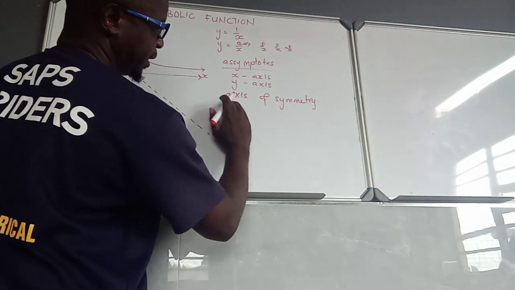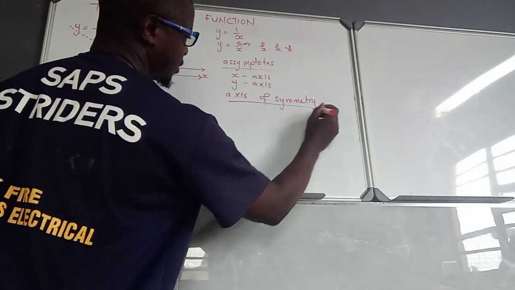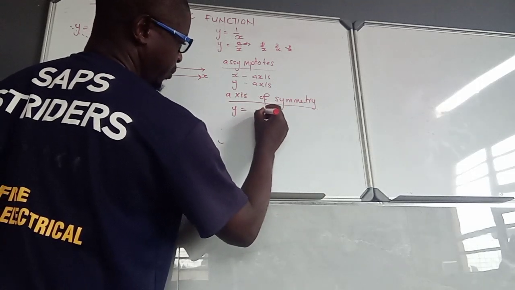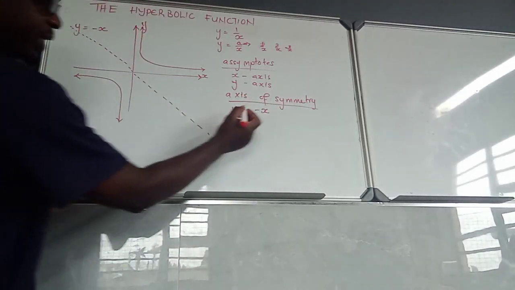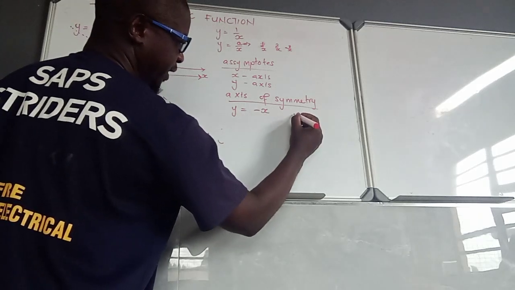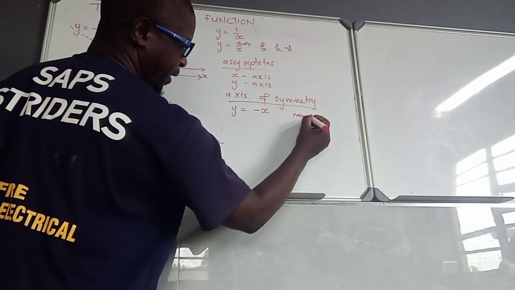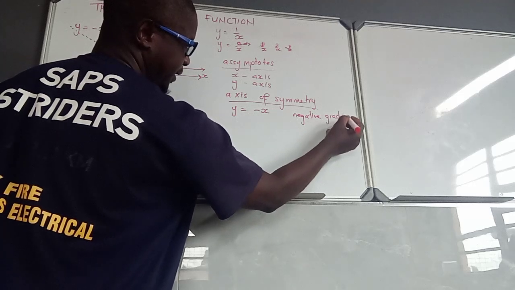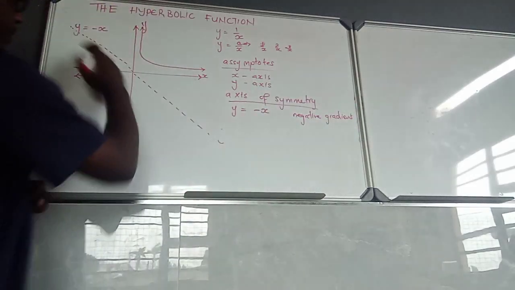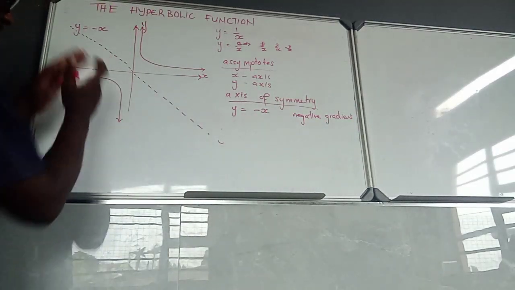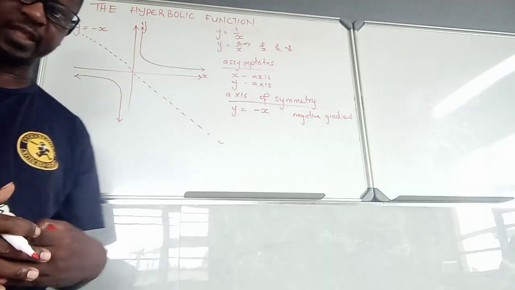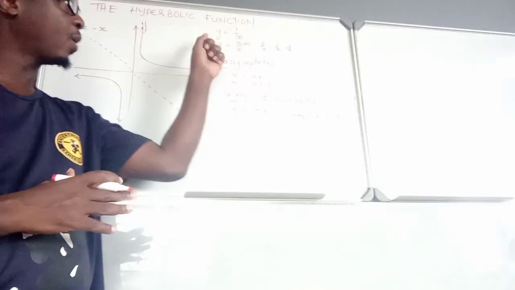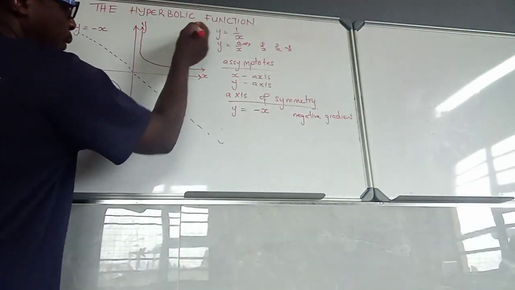The minus here means that it has a negative gradient, like this. Besides this, there's also another way that I can split our hyperbolic graph into two.